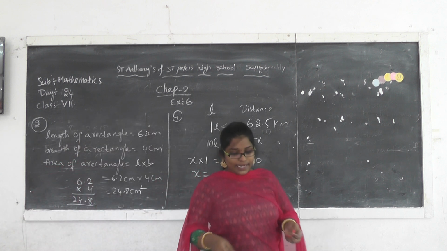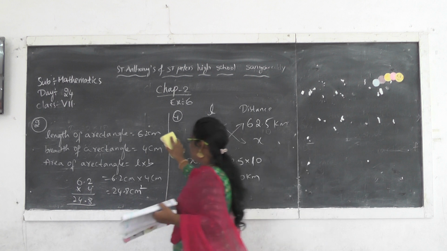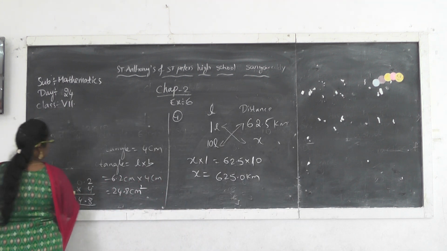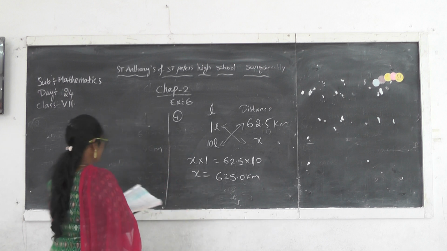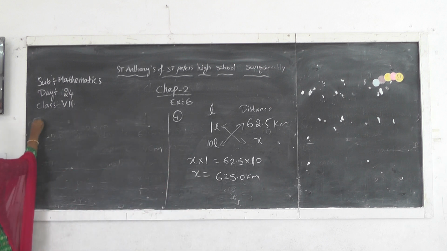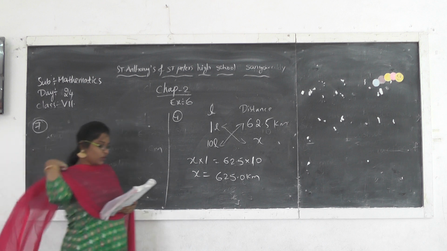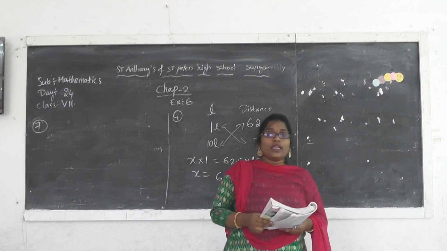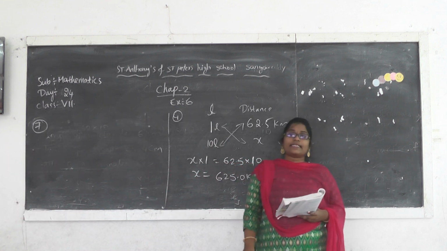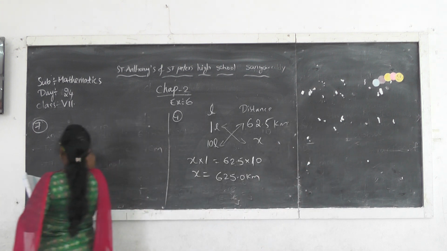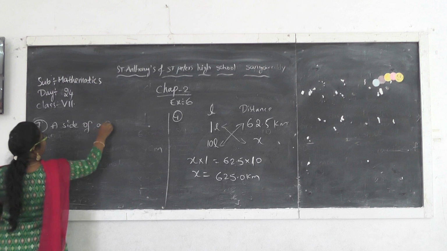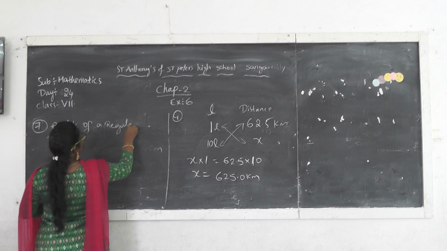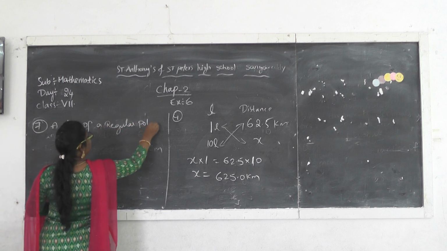Now, next question, 7th question. Listen to the 7th question. A side of a regular polygon is 3.5 centimeters in length. Look here. What is meant by a regular polygon?